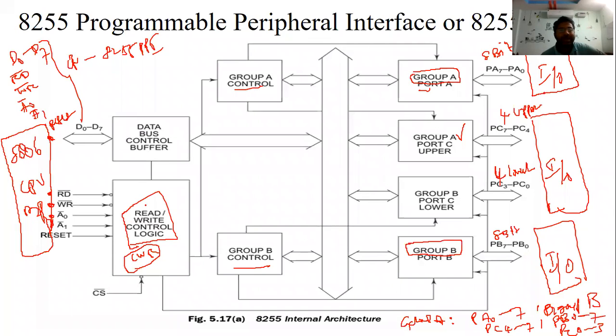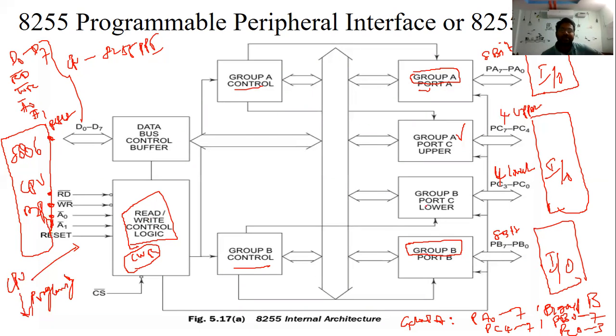Okay, who gives the commands to this read and write control logic? The CPU gives the commands to the read and write control logic. So how does the CPU give commands to this control logic? You write the program for the CPU, and according to this programming the CPU gives some commands to the read and write control logic.